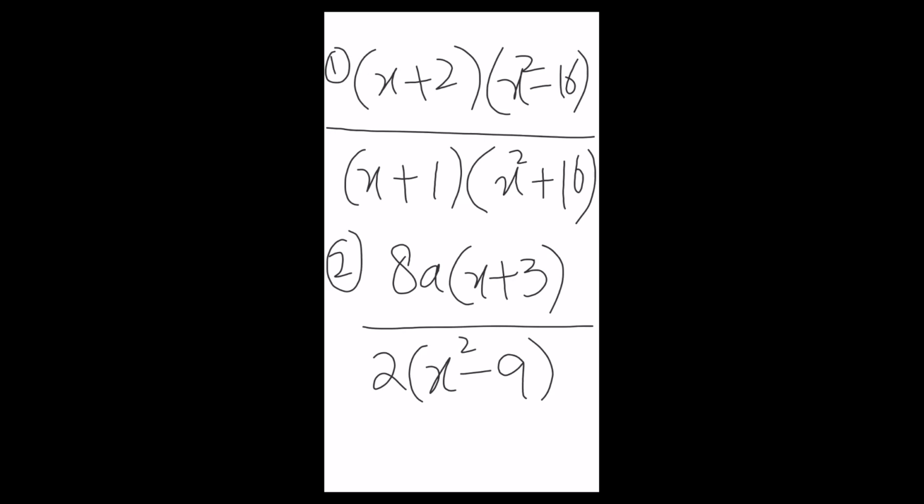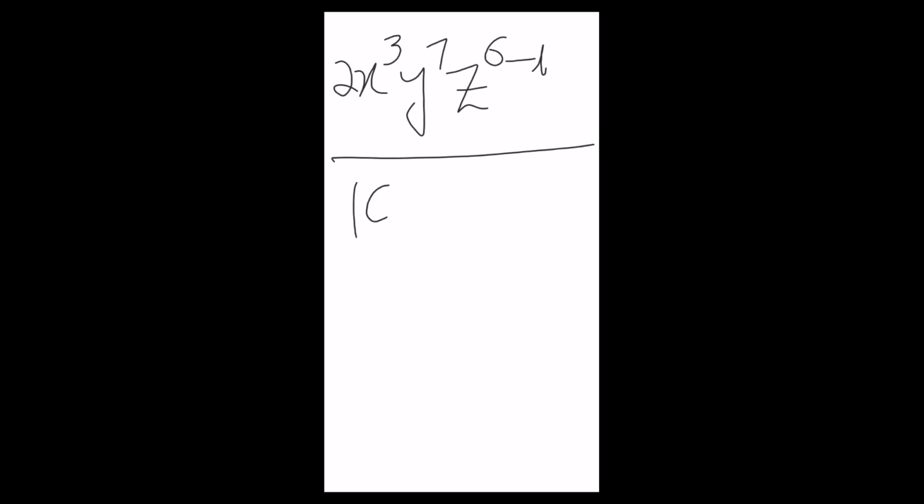Okay. x cubed, sorry, y, it's y, 2x cubed, y raised to the power 7, z raised to the power 6 minus 1 divided by 16 x raised to the power 7 y raised to the power 3 and z raised to the power 2.